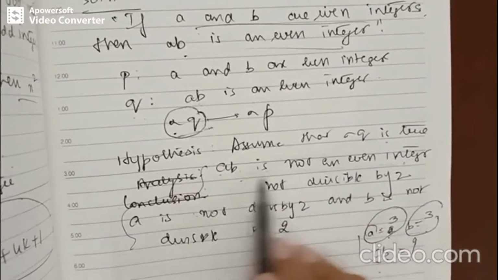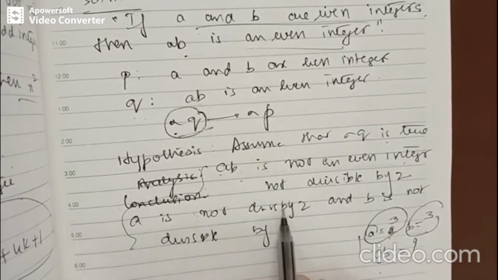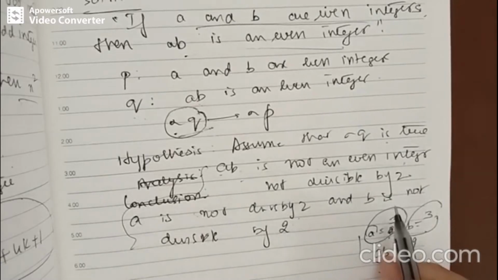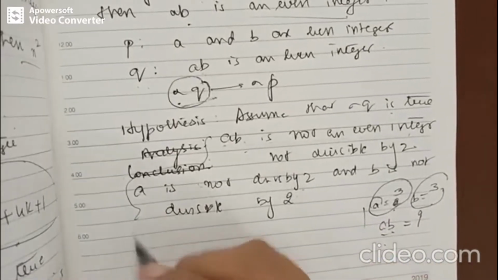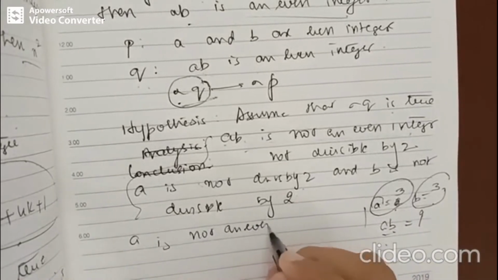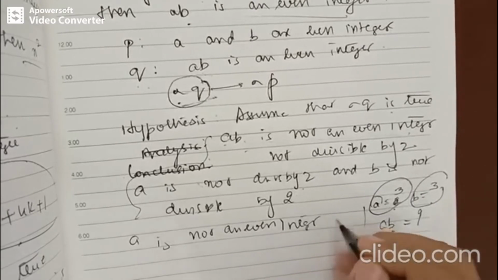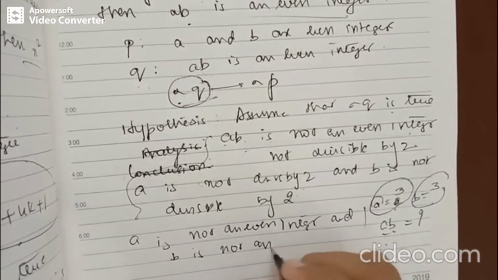Since we have got AB is not an even integer, obviously A is not divisible by 2 and B is also not divisible by 2, and thereby we can say that A is not an even integer and B is not an even integer, right?